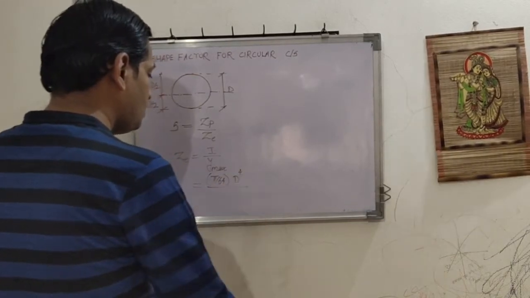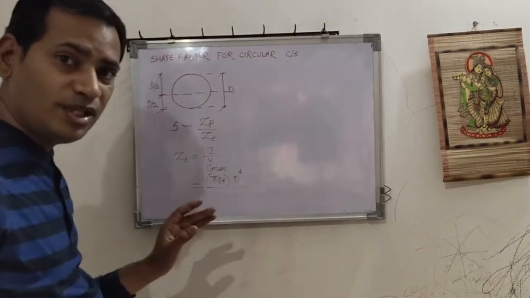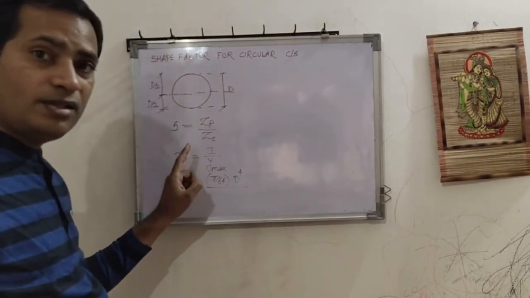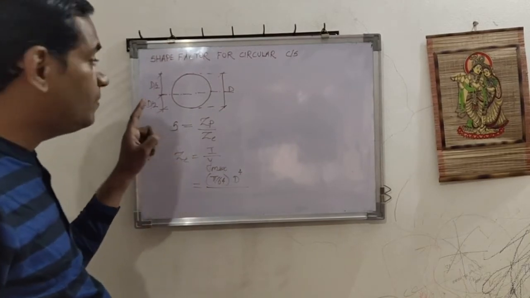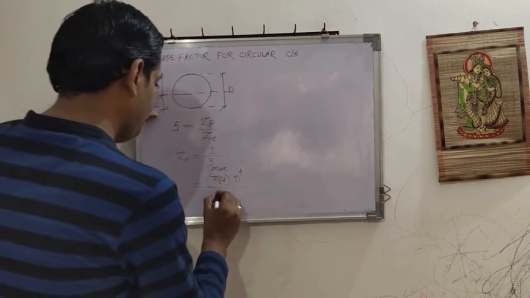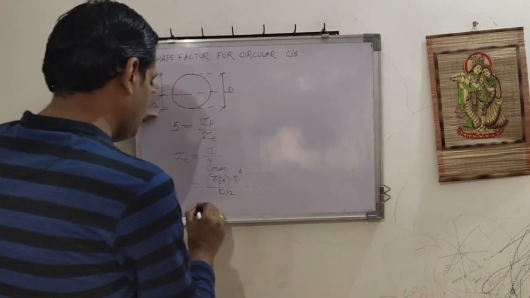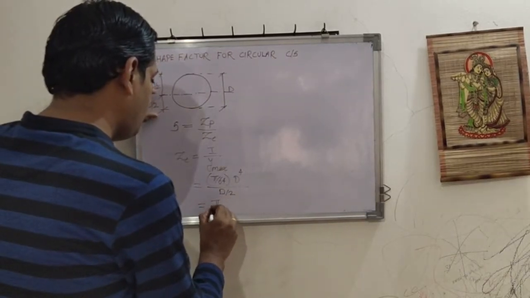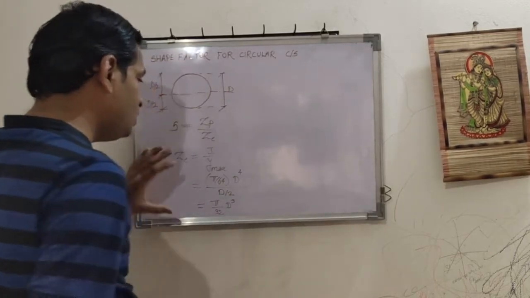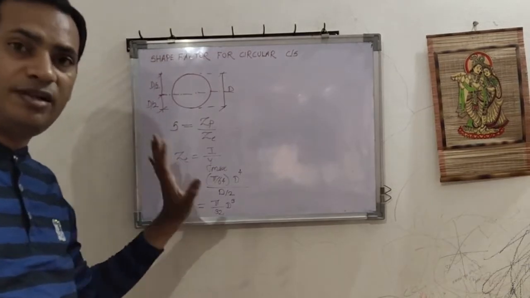And what is Y max? Again same as yesterday's rectangular cross section, Y max is the centroidal distance of the extreme fiber from the neutral axis, so d by 2. So you will get this as pi by 32 into d cube. So this is ZE. It is very simple.